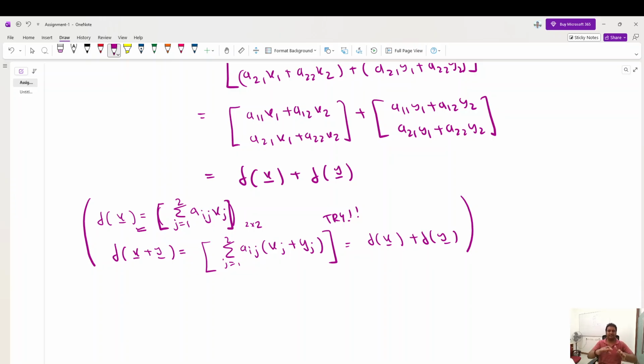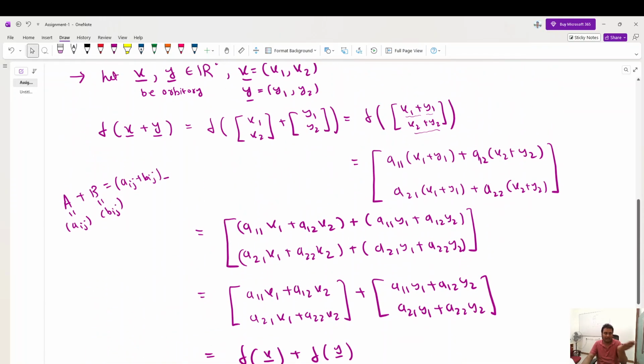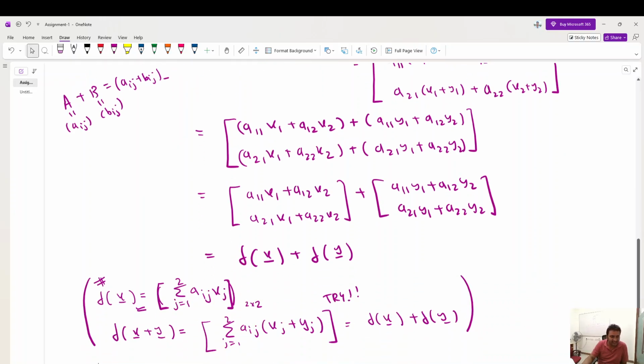You try to write in a compact manner. See, it's always important to write a neat and clean proof. By neat and clean, I don't mean your handwriting should be very beautiful. It should be something which others can understand. That's all. So neat and clean is a compact argument. This will be a very compact way of doing things. So that's what I'm leaving to you. And the justification for all of this, I'm giving you here all detailed justification, right?